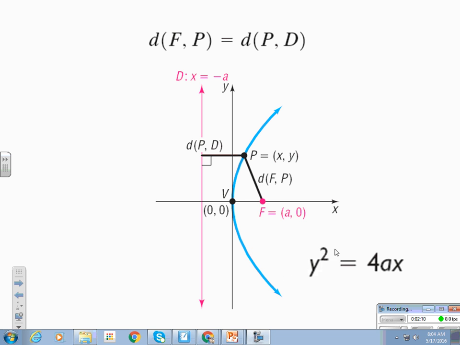If you have your y squared, so whatever term is not squared, you open around that axis. It's like trying to give the x-axis a hug. So this one is y squared equals 4ax. And remember, a is the distance from the vertex to the focus. So y squared equals 4 times a times x.